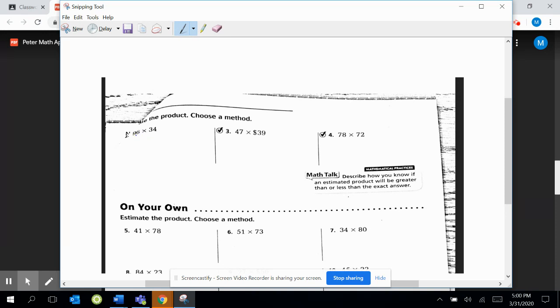I guess if you wanted to use compatible numbers, this is kind of close to 100, isn't it? And this is kind of close to 35. Oops. And so what would that be?